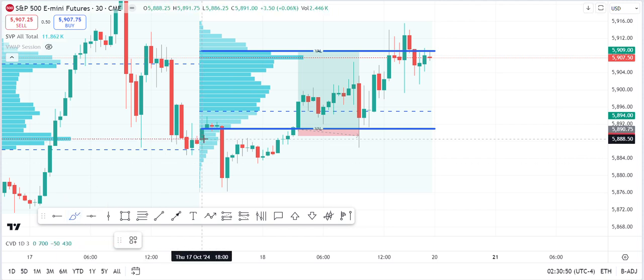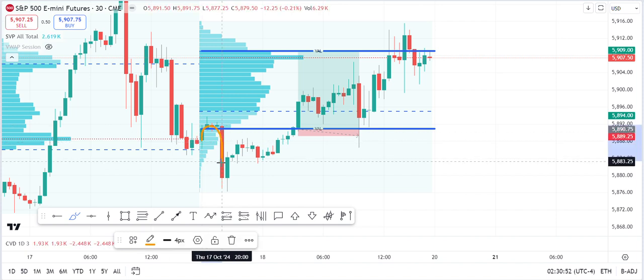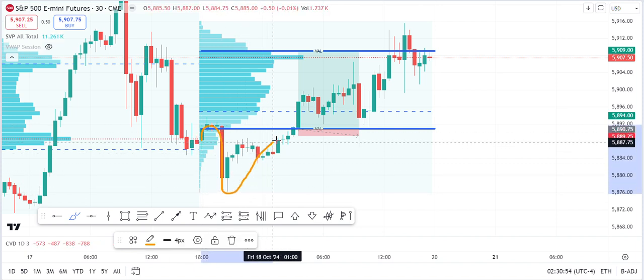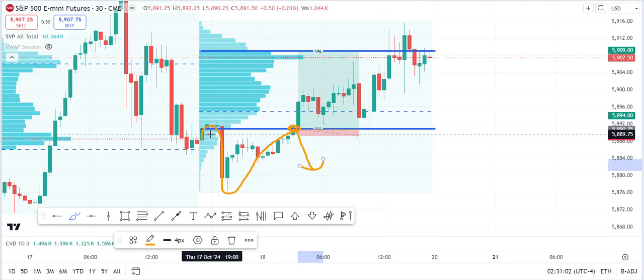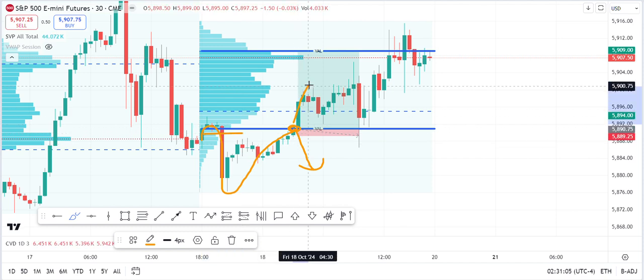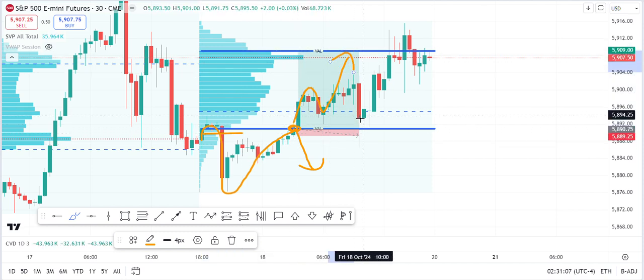So we opened outside at a bounce. Now my idea was that when we get to value area low, we're either gonna bounce here for a second time or push through to value area high.